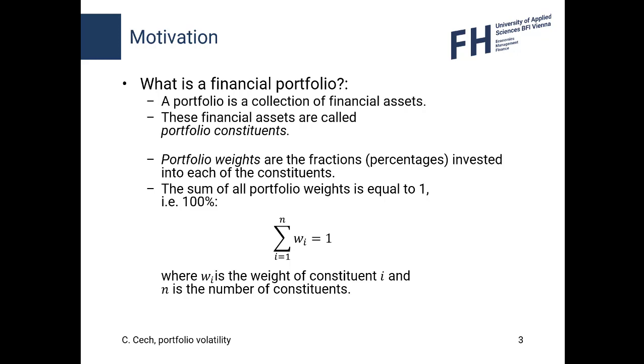And obviously, the sum of all portfolio weights must be equal to 100%. If we know the portfolio constituents, the portfolio weights, and the value of the portfolio, we have completely defined the portfolio.